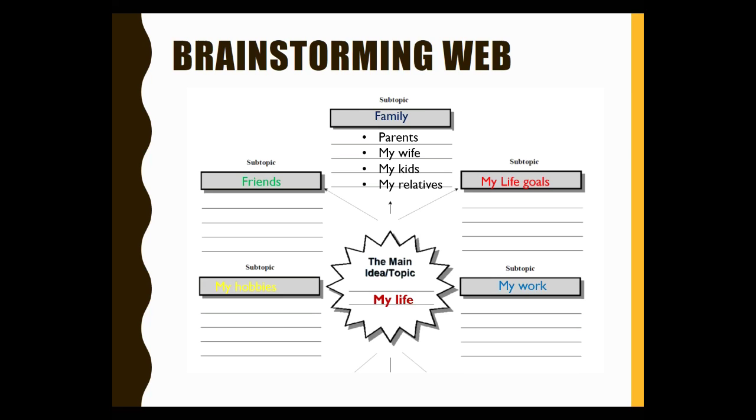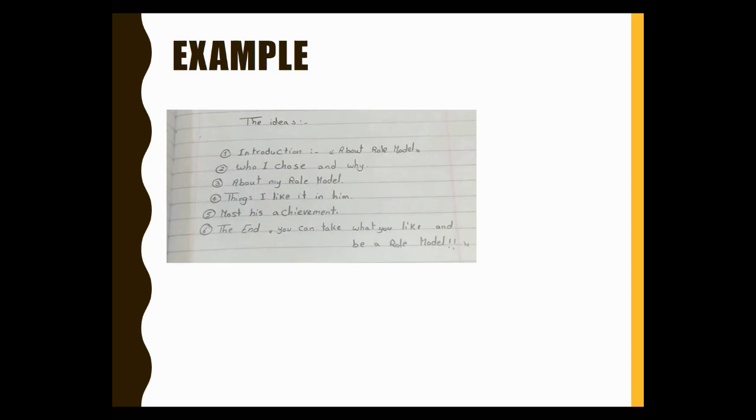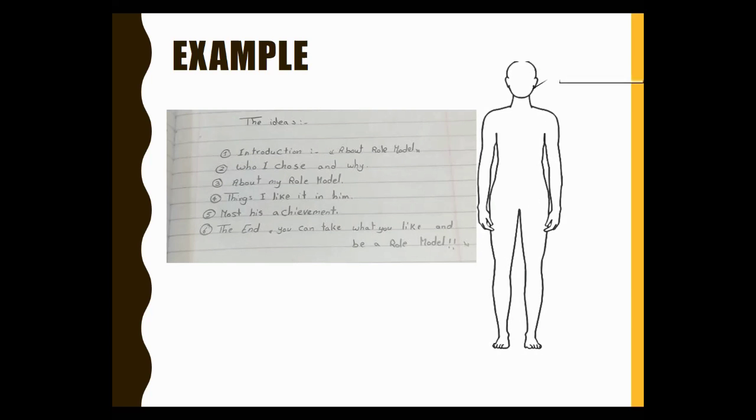This is a way. Another way here we can find an example of a student who made an introduction, body, and conclusion. You see that she's starting with the introduction, which is like the head, the top, and then the body, what will be in the middle, and the last thing is the conclusion. If you look at this body and we removed the introduction, this person will be dead.